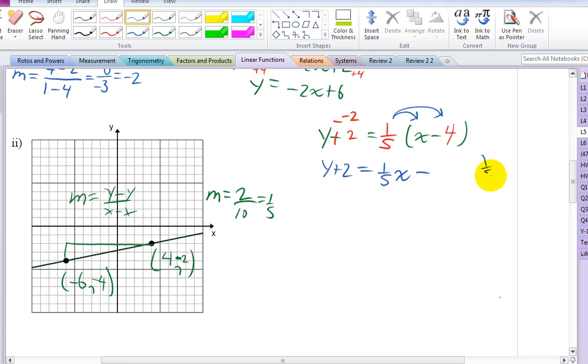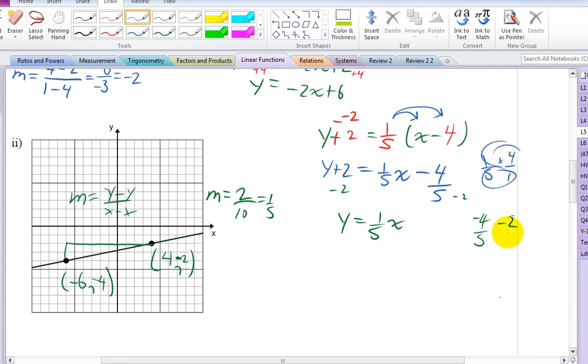So 1/5 times 4/1, multiply your tops and your bottoms. So it's 4/5. So subtract 2. y equals 1/5 x, and now you have to figure out what's -4/5 minus 2.